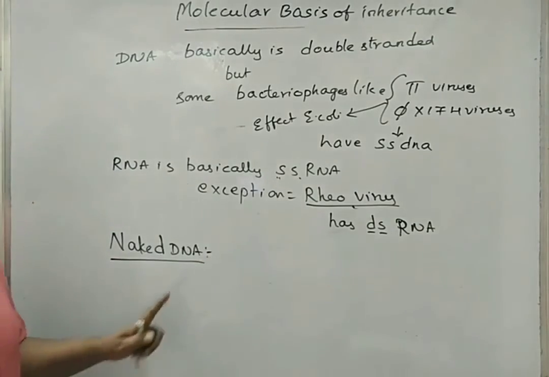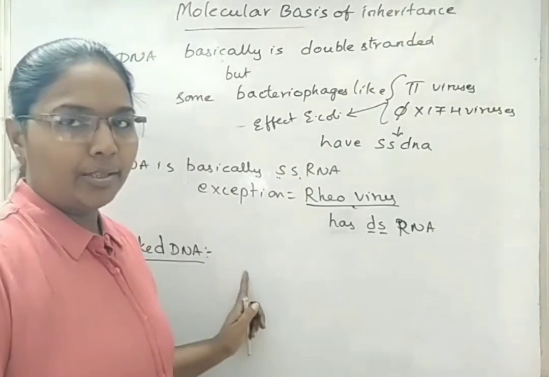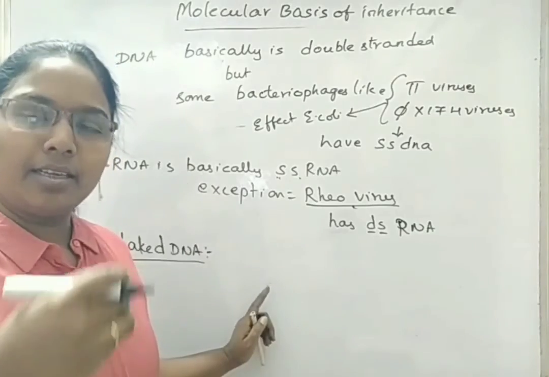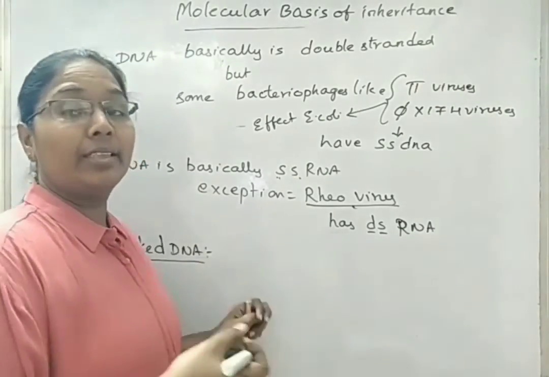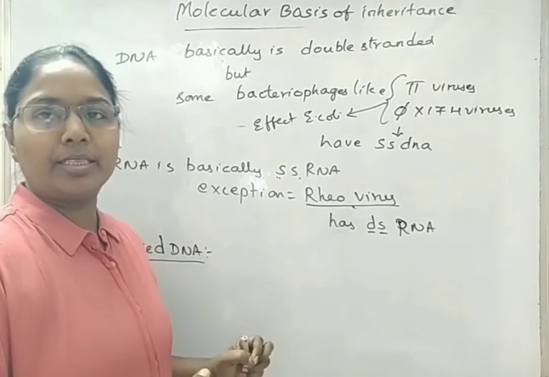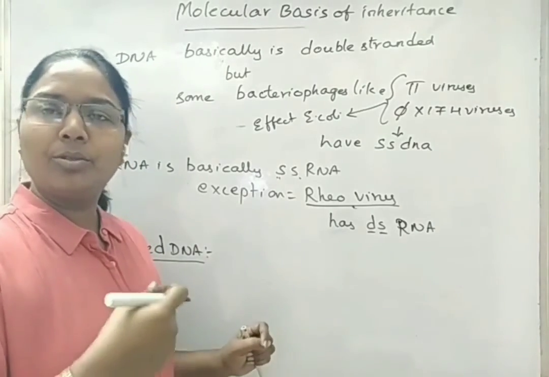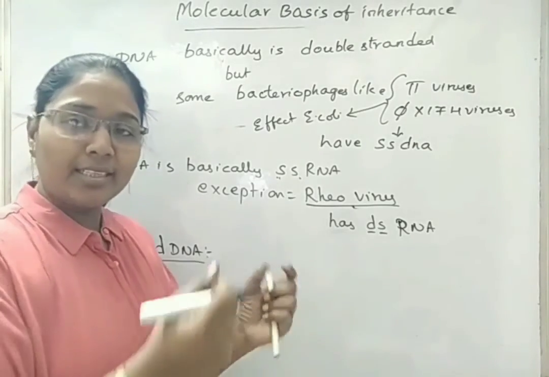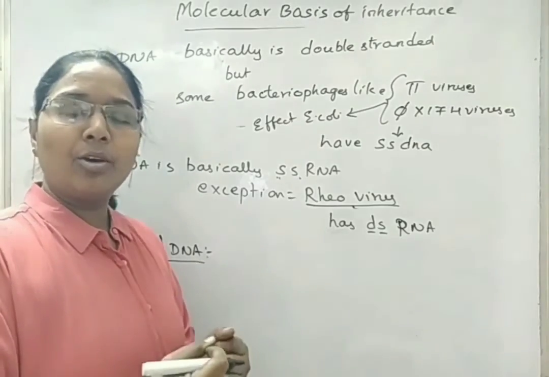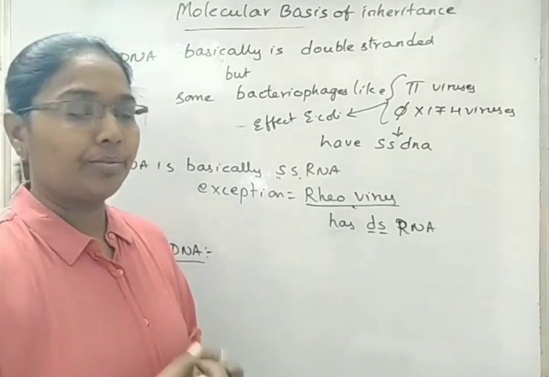Naked DNA. In case of eukaryotes, the DNA is highly coiled around special mechanical strength giving structures called histone proteins. But in case of prokaryotes, those histone proteins are absent. But DNA is embedded in a gelatinous material-like structure that we call nucleoid or genophore.